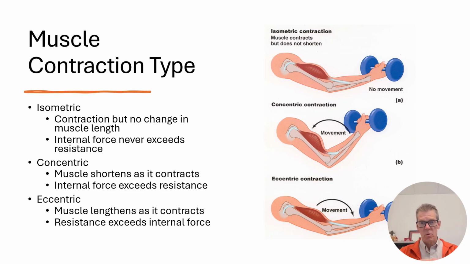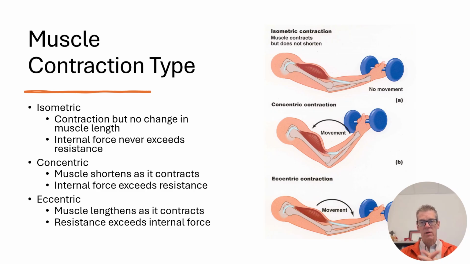Concentric is when a muscle's actin and myosin are engaged, the muscle is creating tension, and that muscle shortens as that contraction continues. So a concentric contraction is a shortening contraction. An eccentric contraction is the opposite.